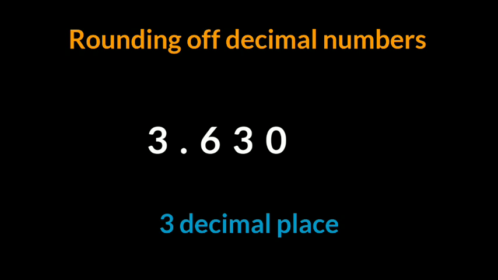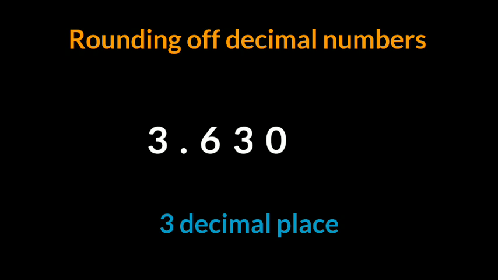What do I mean? 3.629, we're adding 1 to 629. When you add 1 to 629, it gives you 630. So when you're asked to round up 3.62962 to 3 decimal points, the final answer will be 3.630.